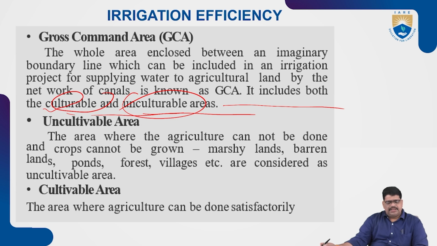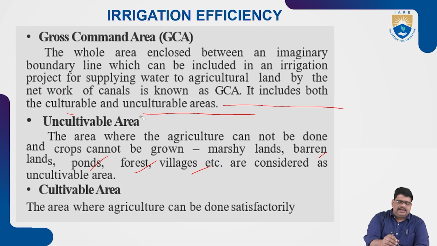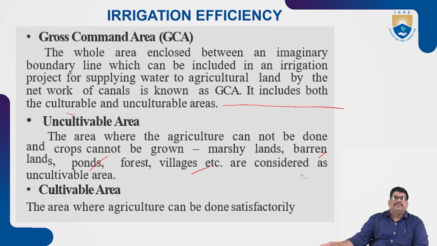Some marshy lands, bare lands, ponds, forests and villages we consider uncultivable. These are not intentionally left uncultivated, they are simply not proper land for crops, so it may come automatically. We do not cultivate them, so that is the type we call uncultivable. Next, cultivable means the area where agriculture can be done satisfactorily.